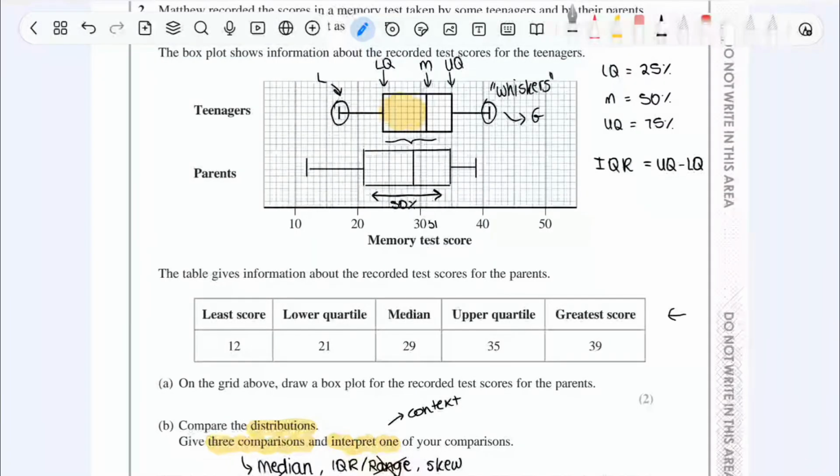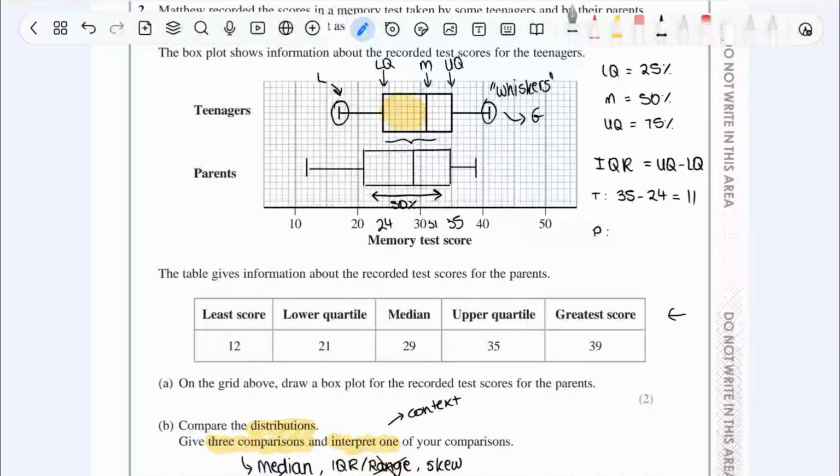So we can see that the IQR for the teenagers, if we look at it, well, we can get this point to be 35, and this point here for the lower quartile is 24. So the lower quartile is 24 and the upper quartile is 35. What's the IQR for the teenagers? Well, we can just do 35, subtract 24, and we get 11.